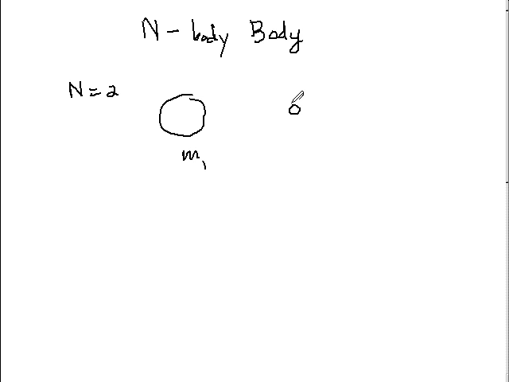The n-body problem comes from physics, where if you have n equals 2, say a large mass and a small mass, think of this as the sun and the earth, separated by a distance r, the force between them is proportional to m1 m2, inversely proportional to the distance between them squared, and there's some universal constant called the universal gravitational constant that enters here.